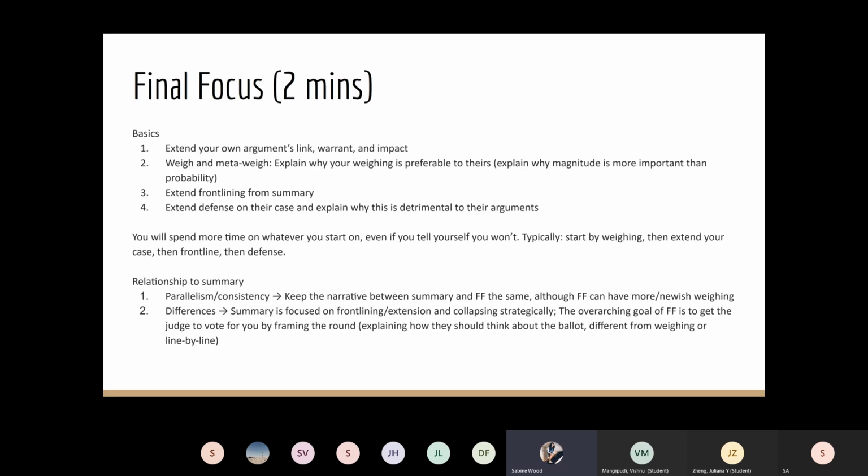So this goes along with weighing and the line-by-line responses that you give, but it's also just an entirely different part of the speech than the other speeches would have, because you have to really explain, they've brought up several points during this round, but they haven't responded to these overall points.